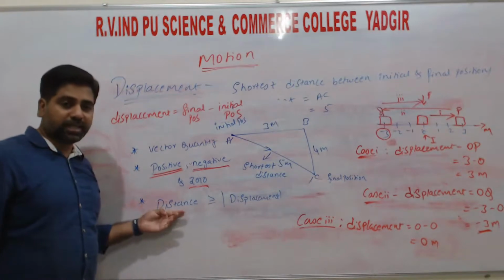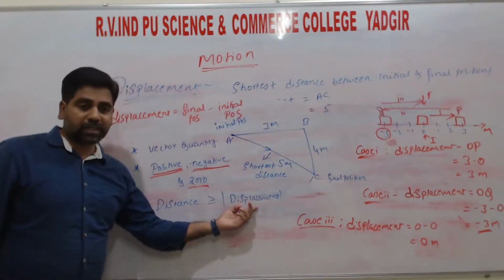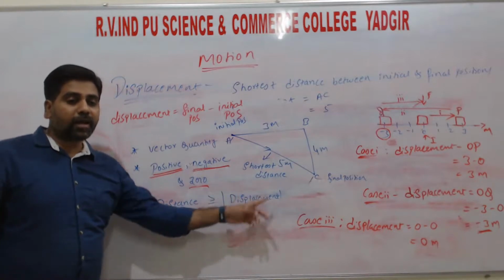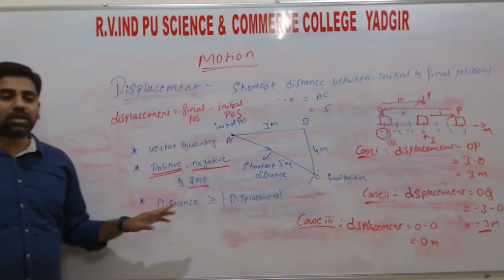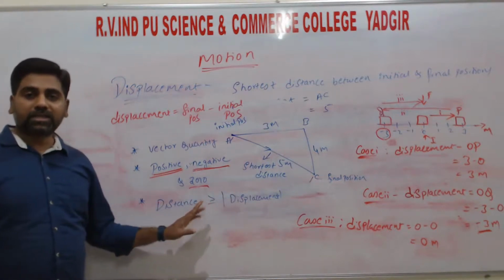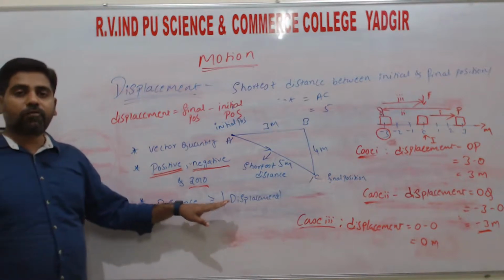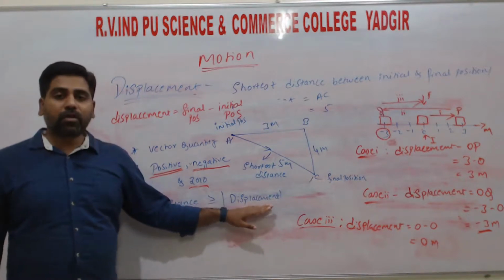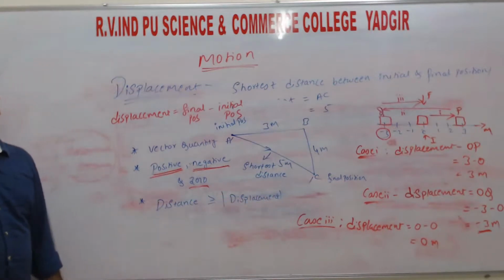That means only the numerical value of the displacement, because displacement is a vector quantity, it has both magnitude and direction. So the distance is always greater than or equal to the magnitude of the displacement. Magnitude is represented by the modulus of the displacement, right?